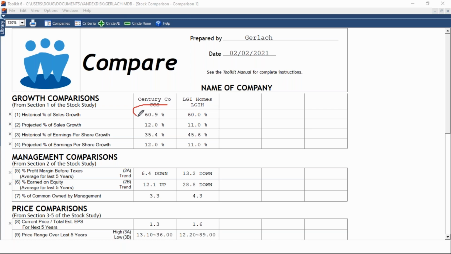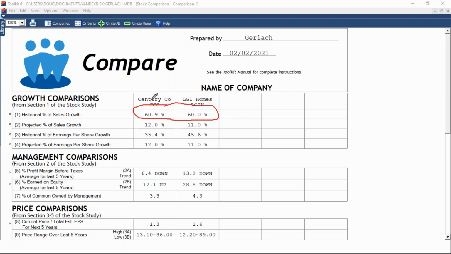So the historical rate of sales growth, again, this is probably why I'm going to make the case for not depending on Toolkit to circle the winner, because in this case, the historical percentage of sales growth is 60.9 for one and 60% for the other.